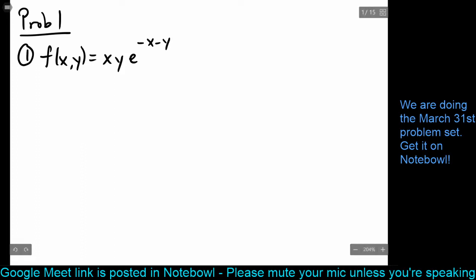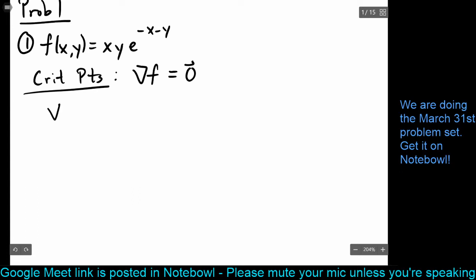So we want to find critical points of this. Step 1 for the critical points, we want to take the gradient and set it equal to the 0 vector. In this case, we need to differentiate with respect to x, so there's going to be a product rule coming in here.